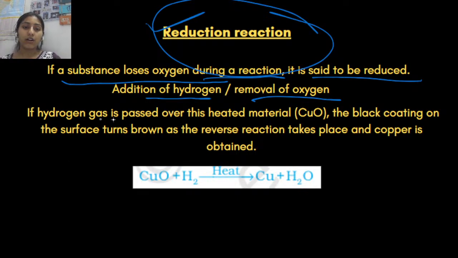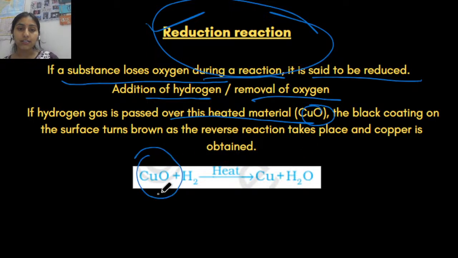So when hydrogen gas is passed over the heated material, that is CuO, copper oxide, that was previously formed, the black coating disappears from the surface and the surface turns brown as the reverse reaction takes place and copper is obtained.